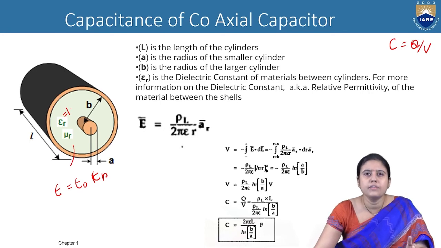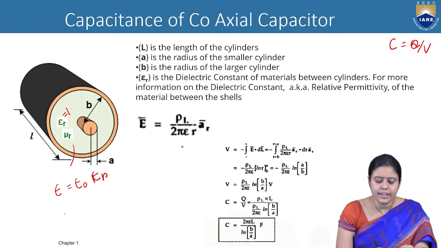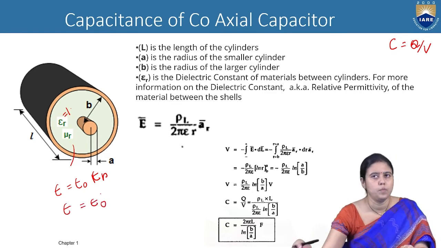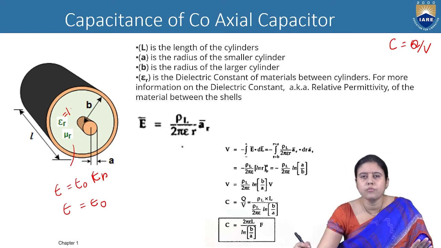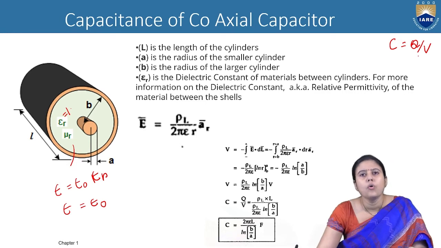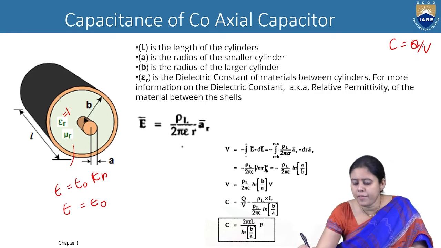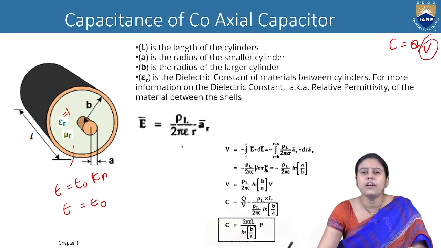If the dielectric medium is air, then we can write epsilon equal to epsilon 0. So first, according to the formula, we have to calculate the field intensity, because our main aim is to calculate the voltage.